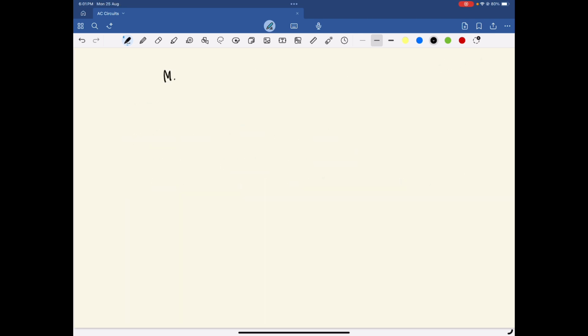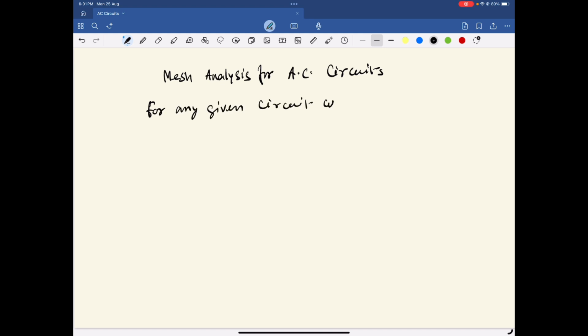So we have 3 equations and we must know how to solve these equations. For that we must know the AC mesh analysis. For any given circuit, we apply Kirchhoff's voltage law, that is the KVL, for all meshes and obtain a matrix of mesh equations.